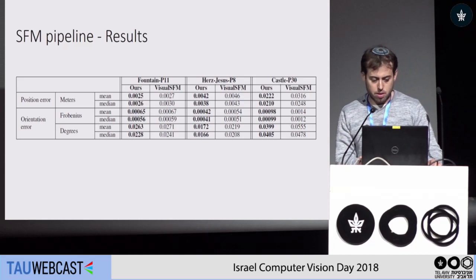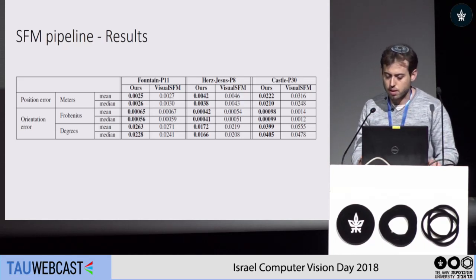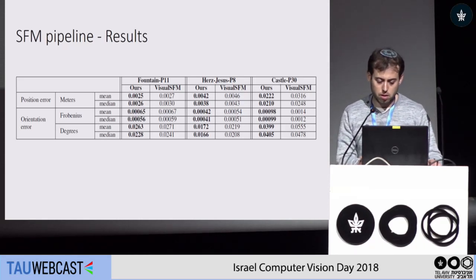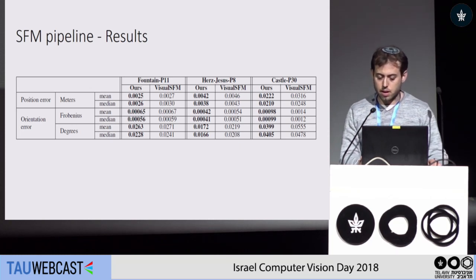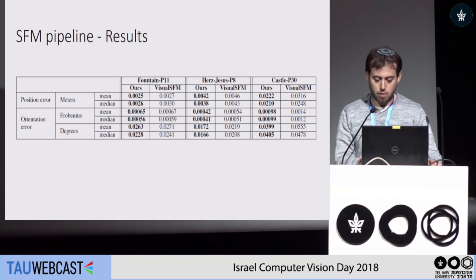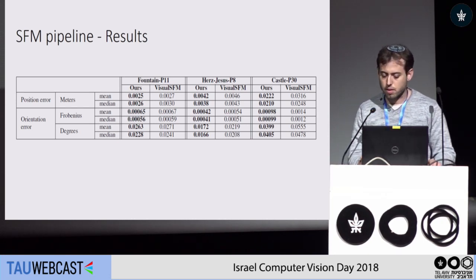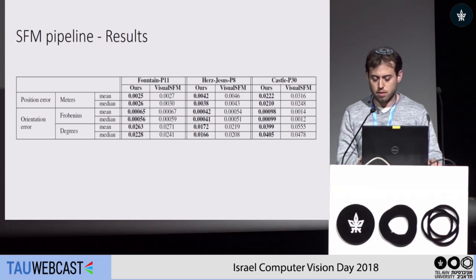We compared our method to Visual SFM, which is a standard sequential structure from motion pipeline, and we see in the table that our method gets better performance than Visual SFM, where Visual SFM uses 2D-3D correspondences to register new cameras to the scene.